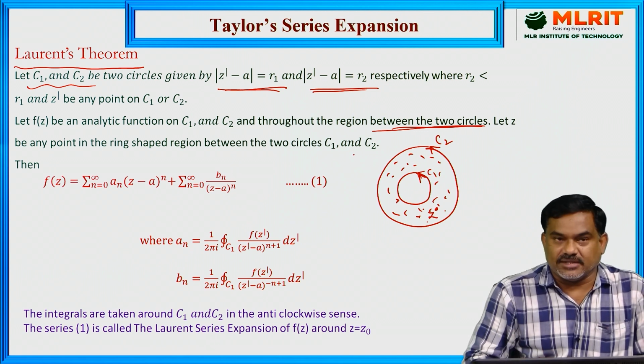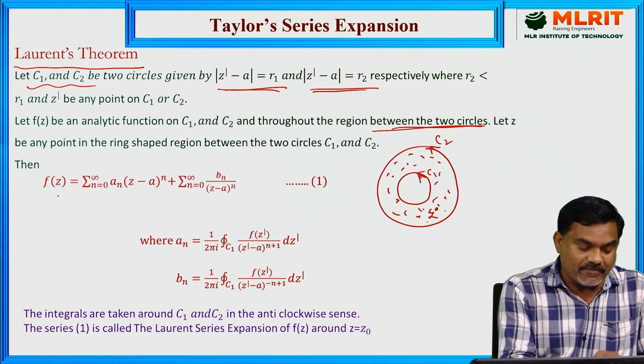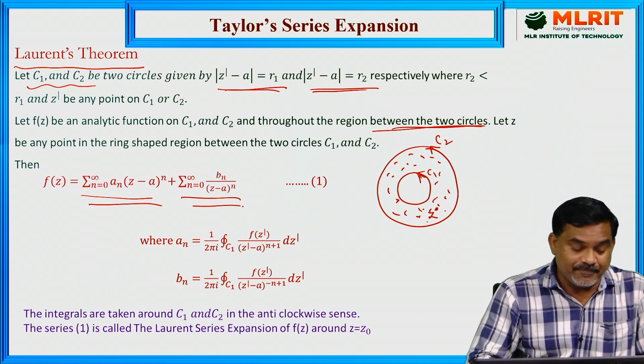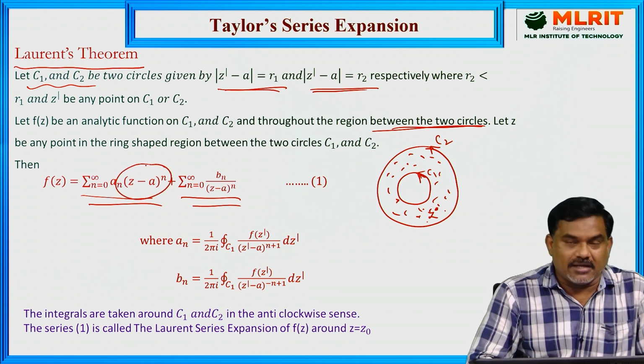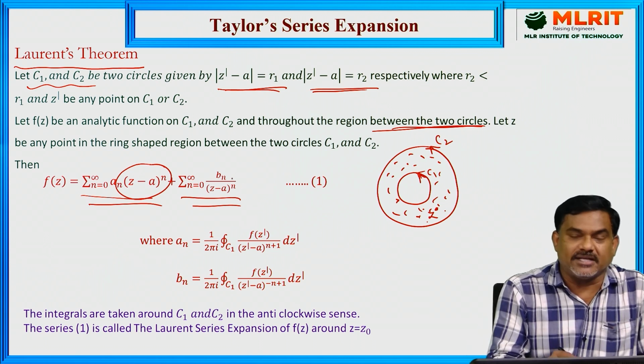between the two circles. Then according to Laurent's theorem, the expansion of f of z can be written as the sum of two different terms. In the first term, we have the powers of z minus a as positive, whereas in the second term, the power of z minus a is negative.